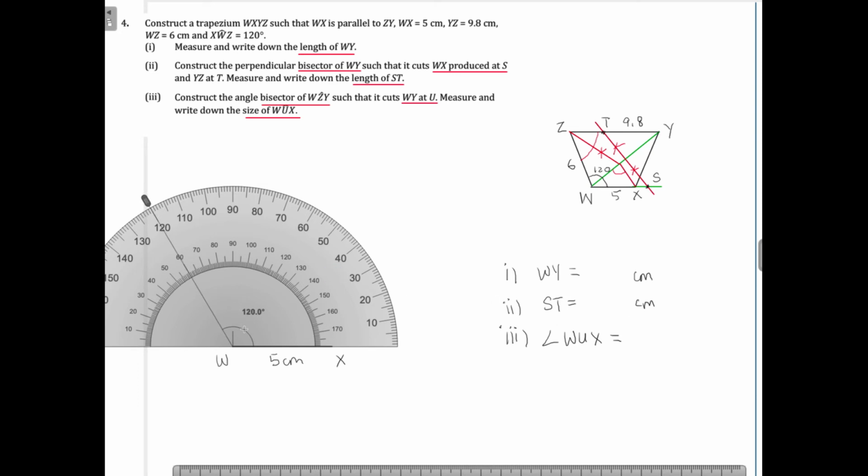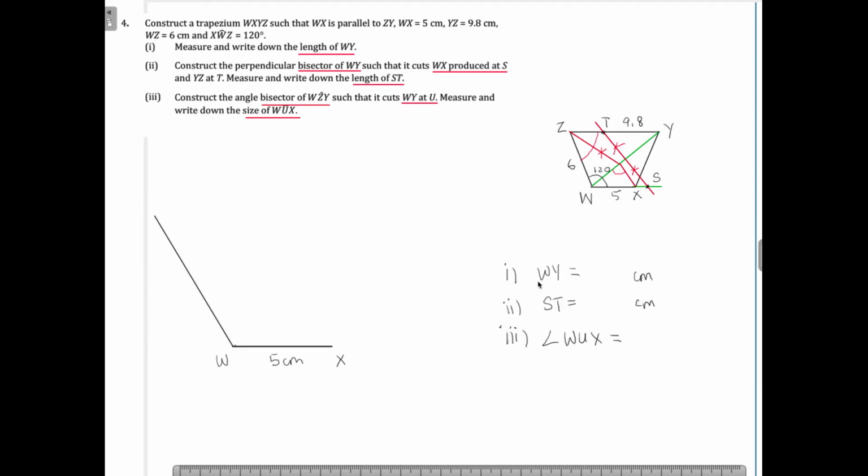Use the ruler, draw 120. Put the protractor away. And we have to mark out a side of 6 cm. So we bring the compass. Oh, it's already 6 cm. Put it over here.